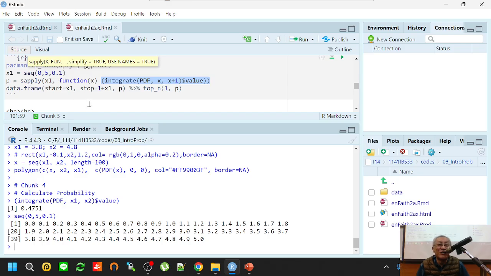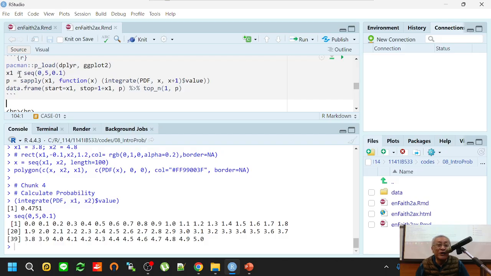Okay, so you see that this sapply is very useful when you want to do a repeated action, because we want to test from 0 to 1 minute, from 0.1 to 1.1 minutes, right, and up to 5 minutes to 6 minutes, right? Okay, so you want to repeat all of these things.